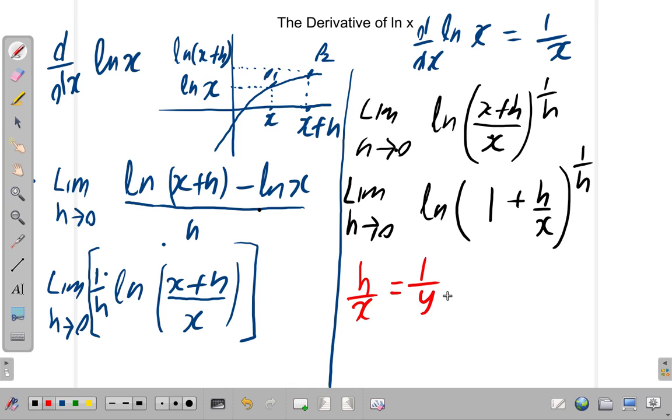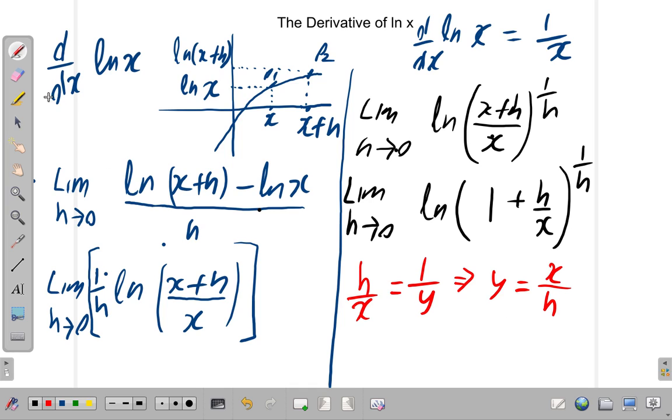Alright? 1 over y. What this would imply is that y equal, when you transpose, what will you get? It would be x over h. Alright? So y would be x over h in this case.